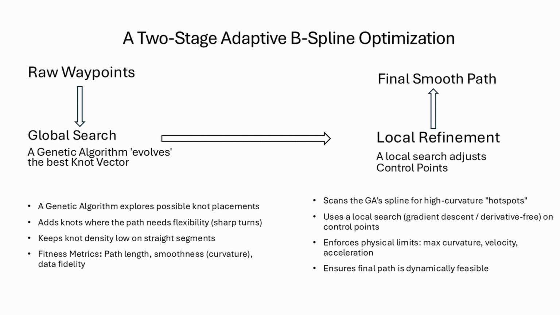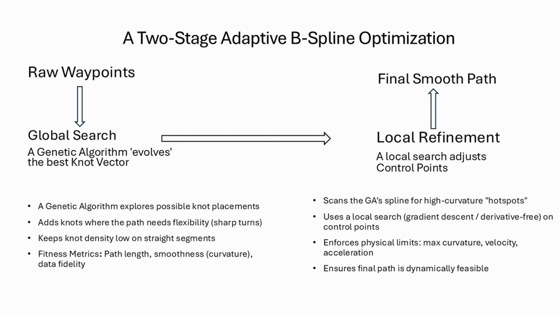It then tests each one against a fitness function, judging how good the resulting path is. A fitter path is one that is shorter, has lower overall curvature, and doesn't stray too far from the original waypoints.